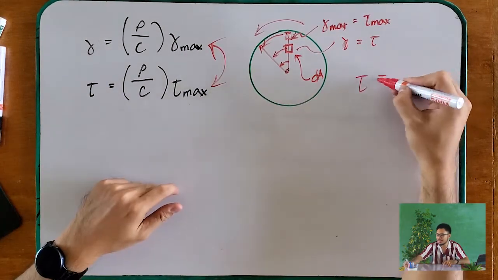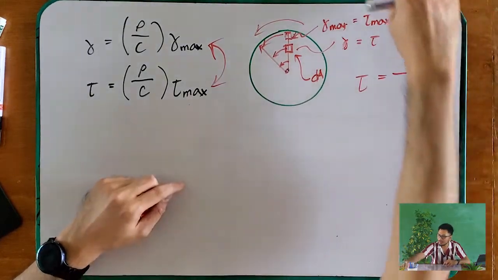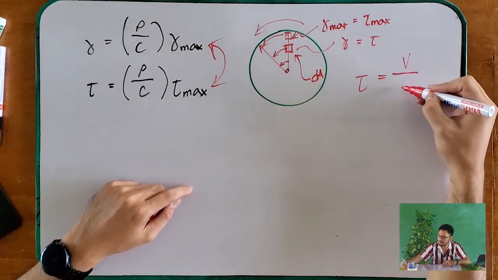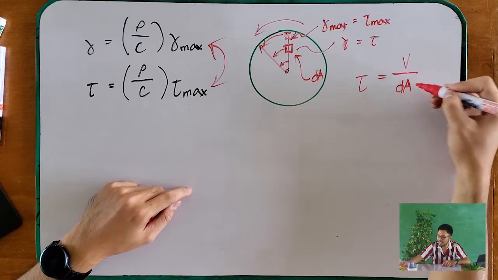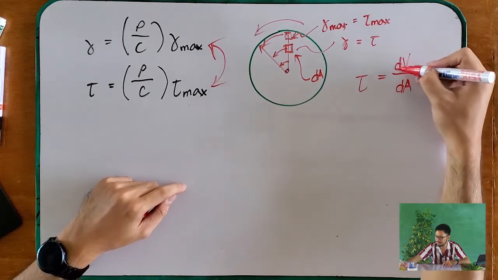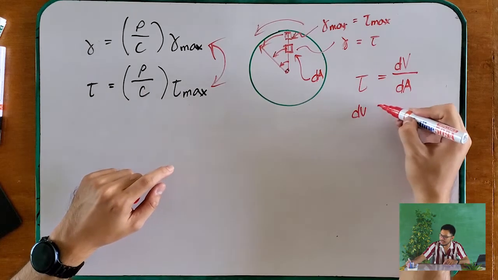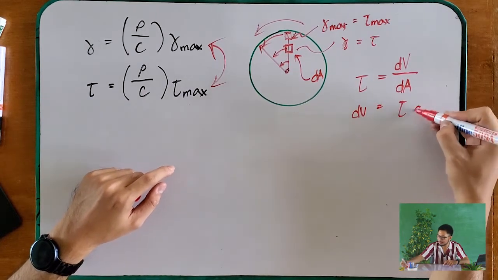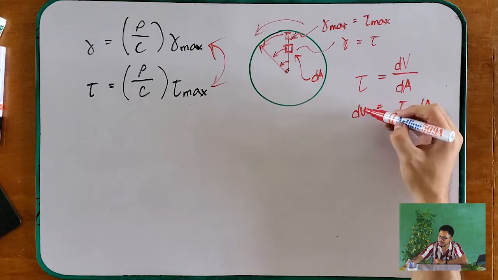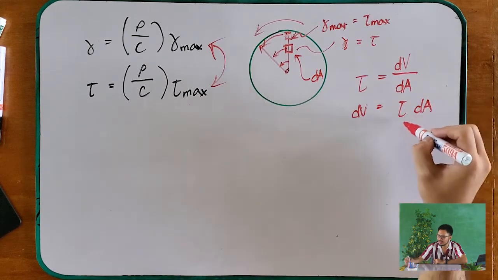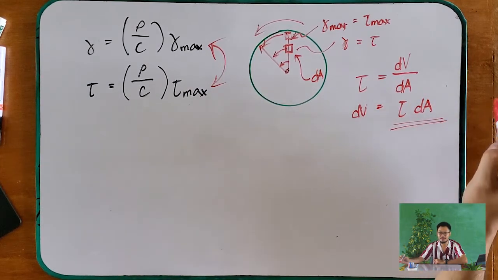Your shear stress is equal to your shear force over your area, dV over dA. Okay? So therefore, your dV is just equal to tau dA. Okay? So this is your differential force.